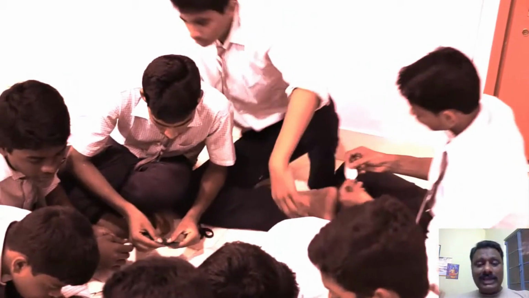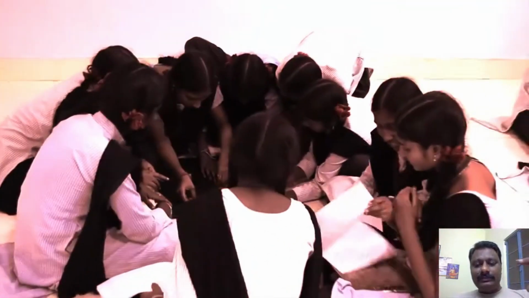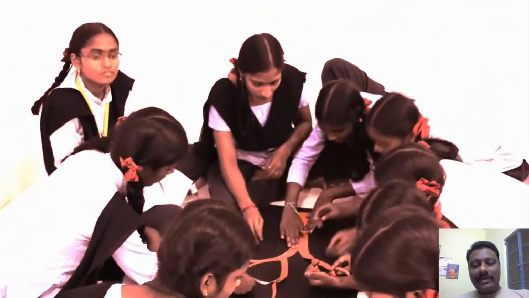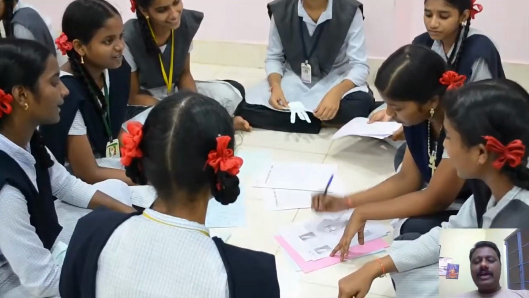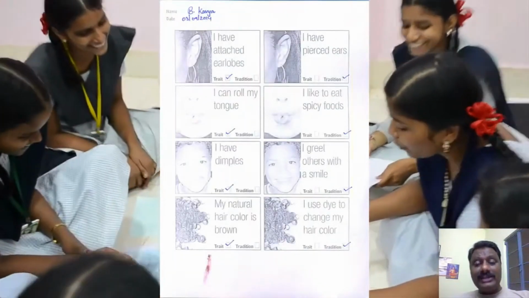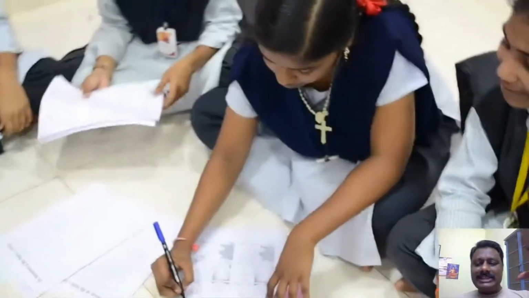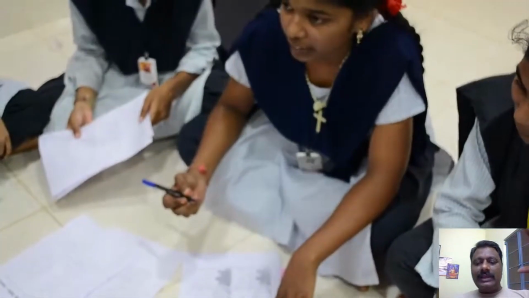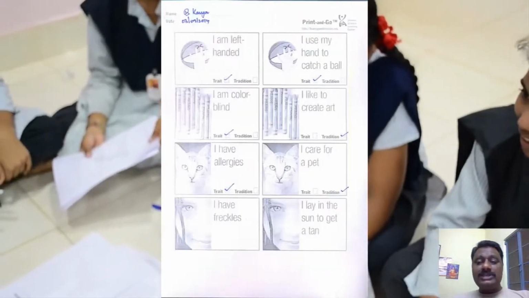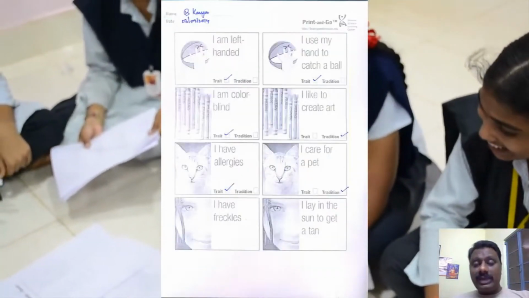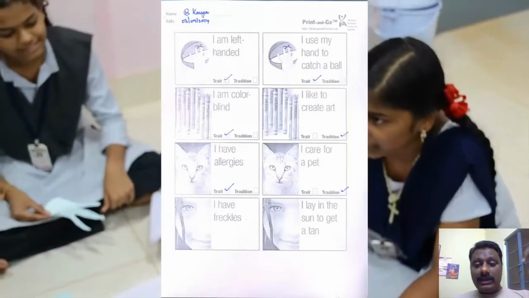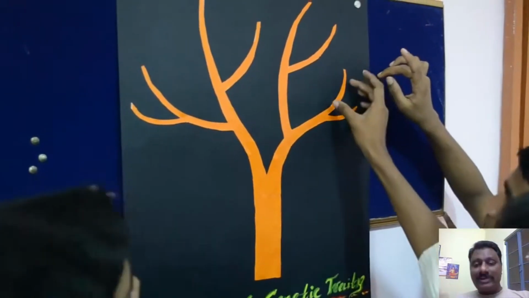They can very clearly justify themselves, and the results can be developed into different graphs and pictorial forms, like a family tree, or risk disorders which run through inheritance in the family. They can also distinguish which is a trait and which is a tradition, because there are a lot of things involved in learning the traits they have.